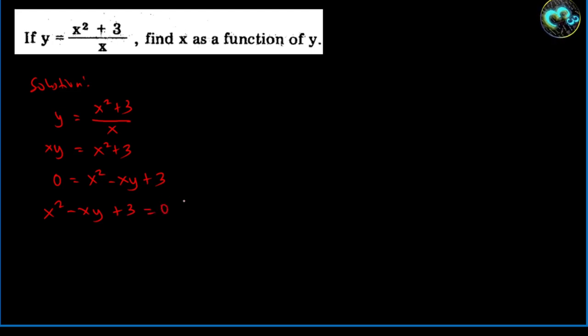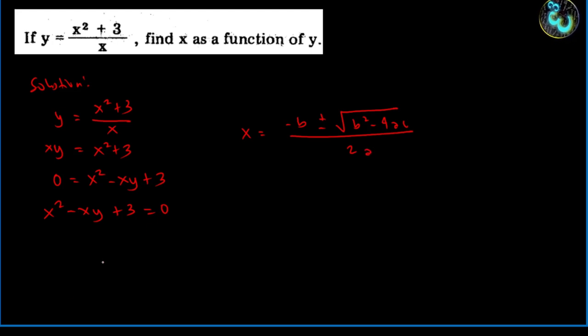Okay, now using the quadratic formula, x is equal to negative b plus or minus the square root of b squared minus 4ac, all over 2a.